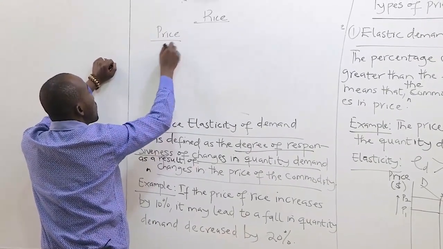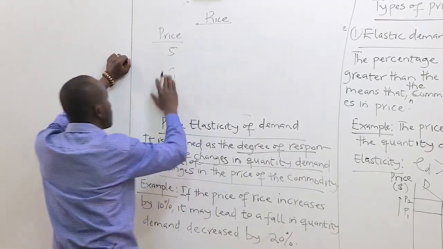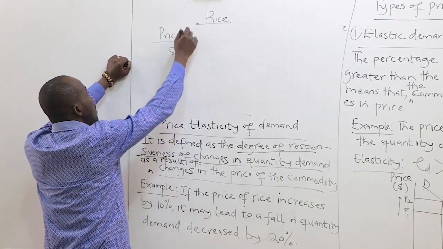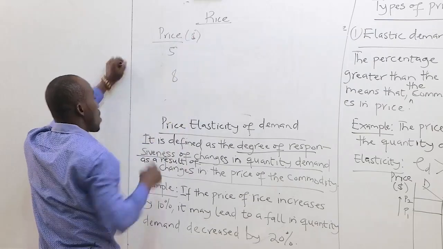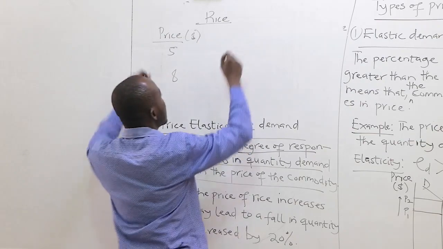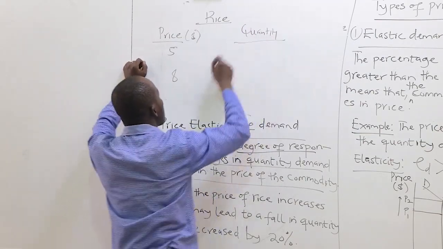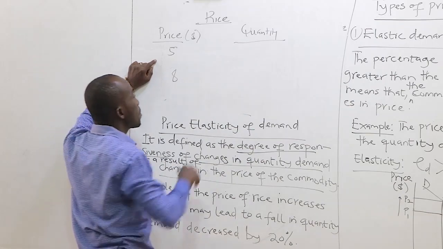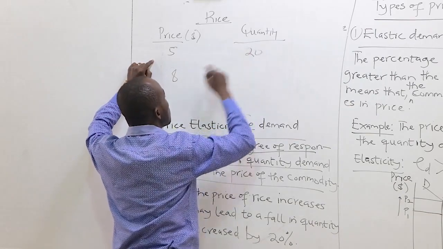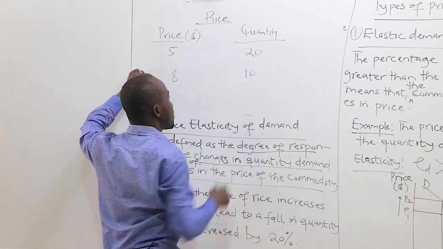The price was 5, it moves to what? 10, right? Okay, let's say it moves to 8. Let's say dollars. What was the quantity demanded? At the price of 5, you were demanding 20. When the price moved to 8, you are demanding 10.